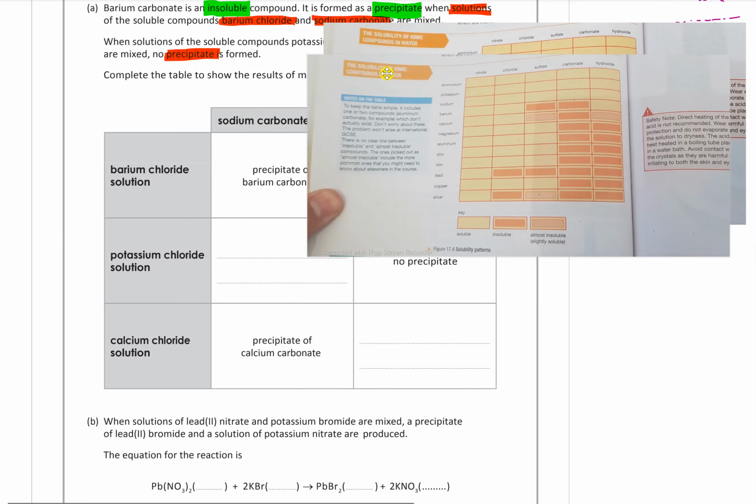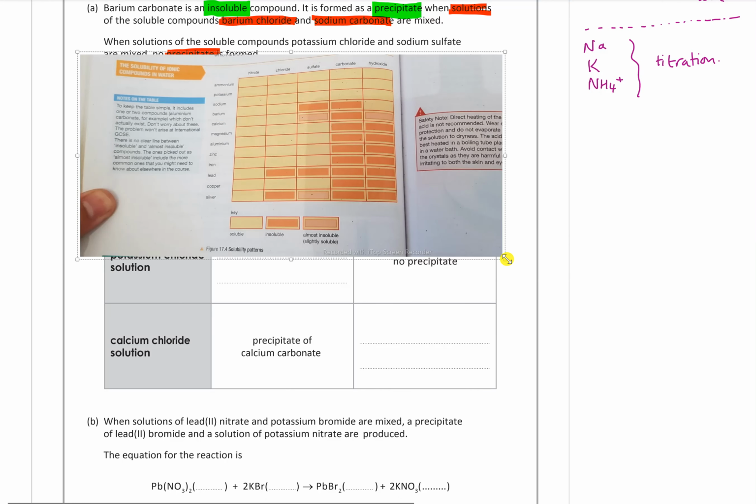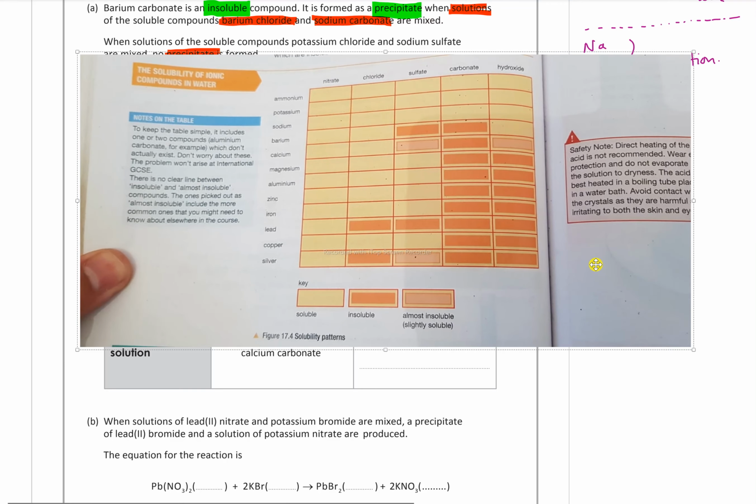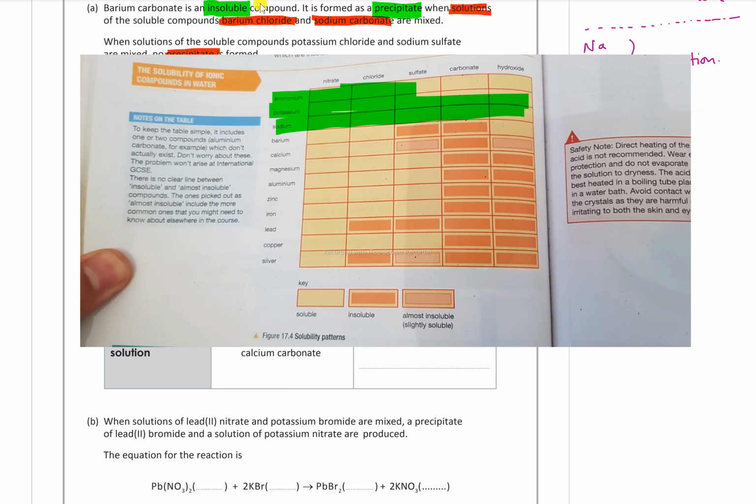If you look here, all ammonium, potassium, and sodium salts are soluble, I can draw a straight line.